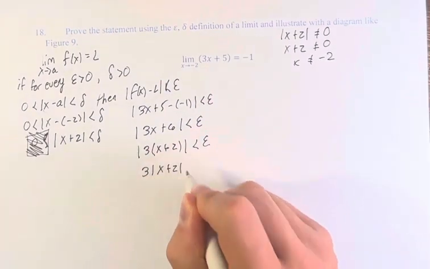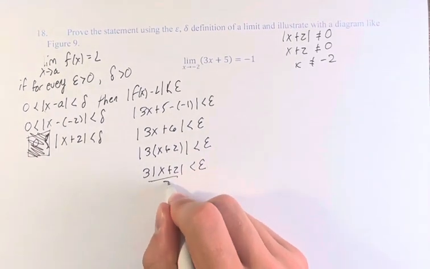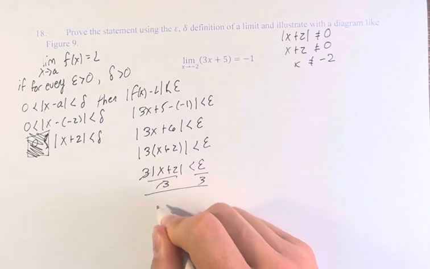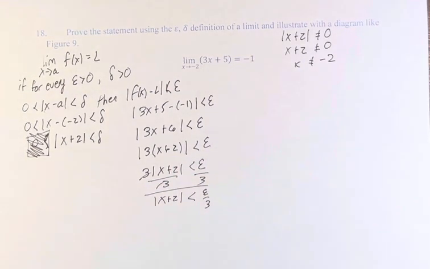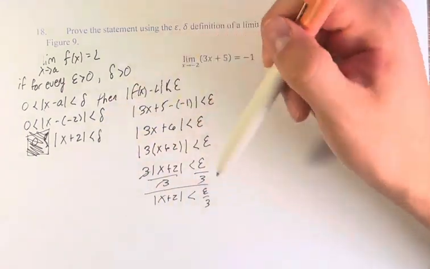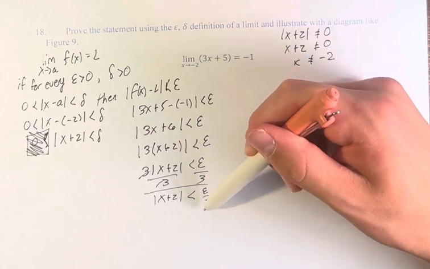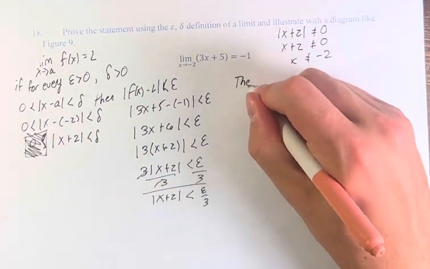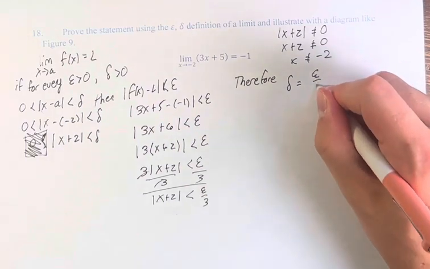You can factor the 3 out of the absolute value, and dividing by 3, we get the absolute value of x plus 2 is less than epsilon over 3. This absolute value is less than delta, and it's also less than epsilon over 3. Therefore, delta equals epsilon over 3.